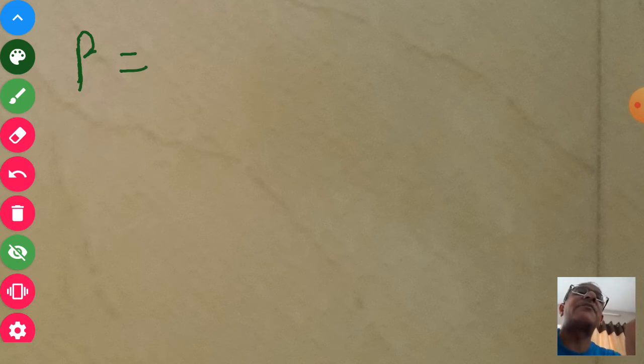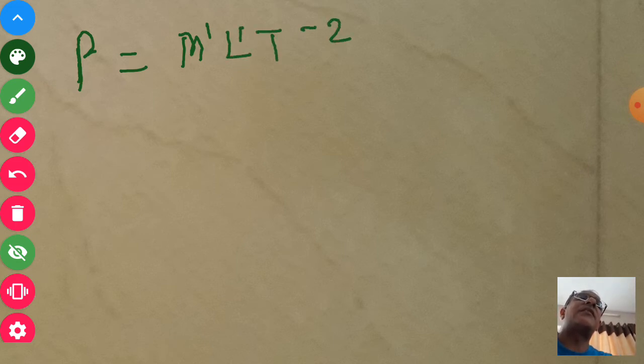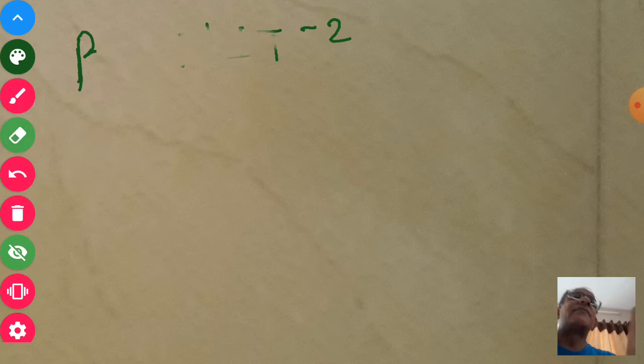Pressure is force upon area, we have discussed. Force was M1 L1 T raised to minus 2. You can put directly the dimensional formula, and you can get that simplification also. Now see how to do it. Again I am showing it to you. Try to understand it this way.